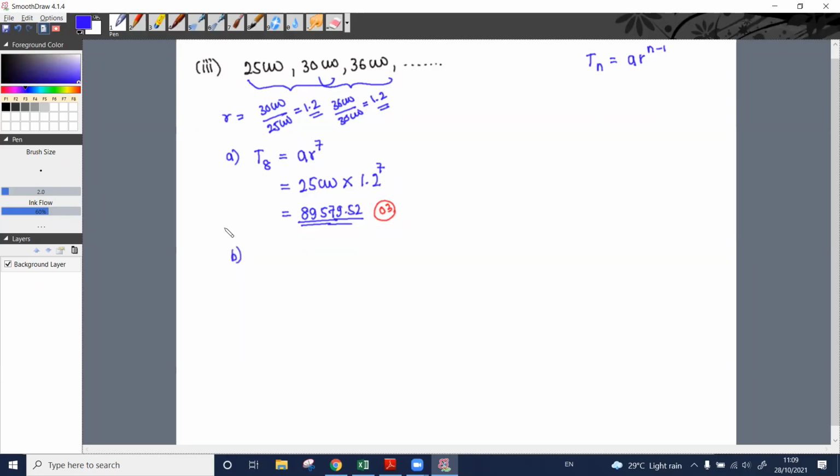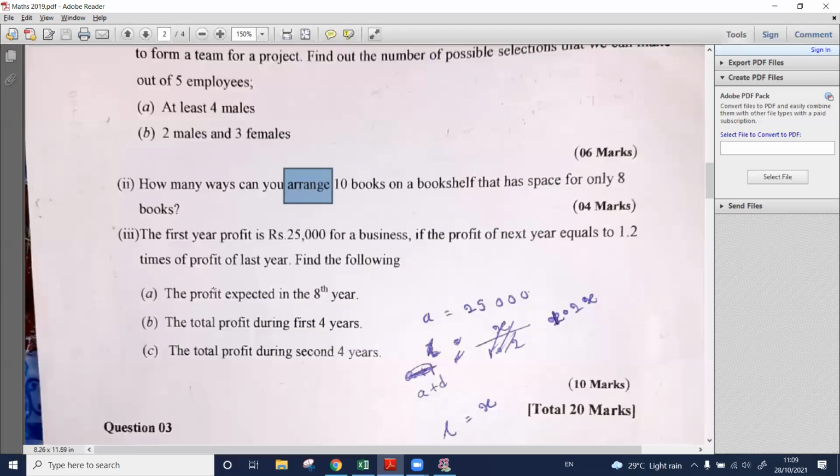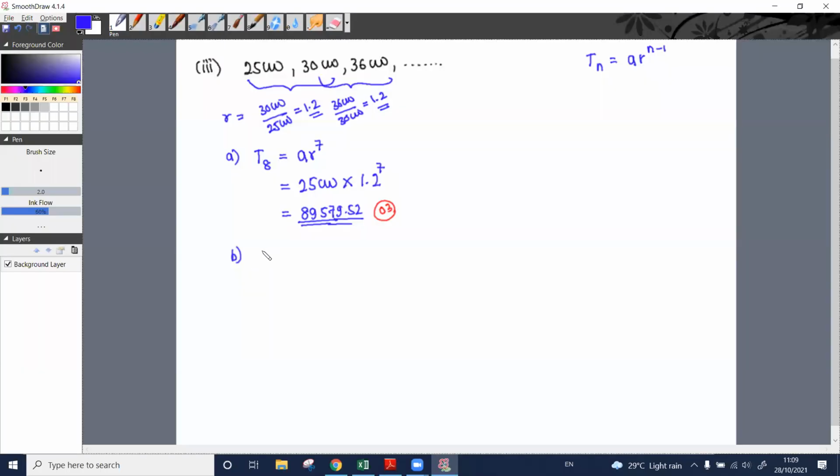Part B. The total profit during first 4 years. Right? Sum of first n terms in a geometric progression. How can we find that?